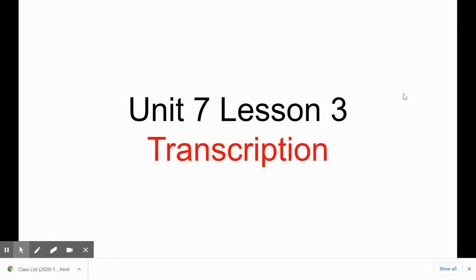And the goal of this lesson is to understand the process of transcription and the role that it plays in protein synthesis. So first of all, when you look at that word transcription, it makes me think of the word transcribe.